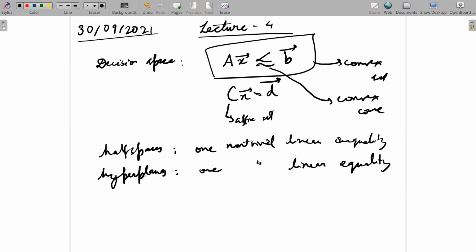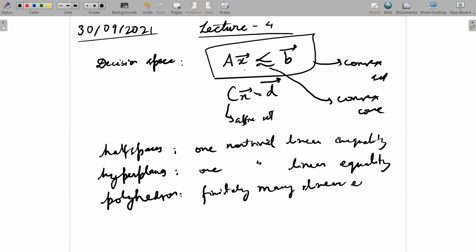But if you took a bunch of half spaces and hyperplanes, finitely many linear equalities and inequalities, you get polyhedra. So we found some language to talk about our decision space.